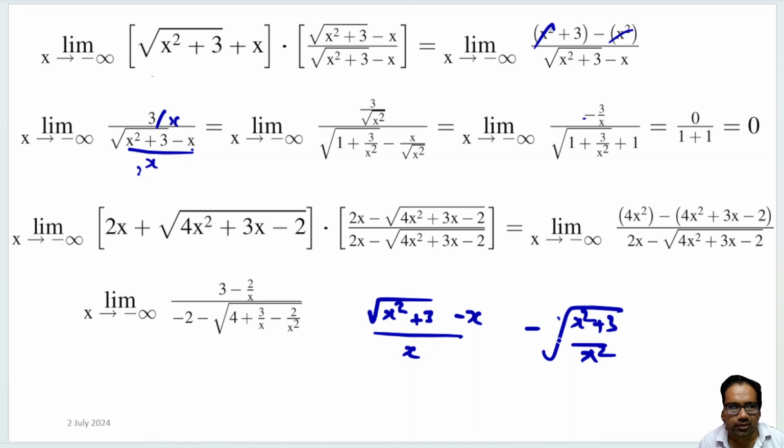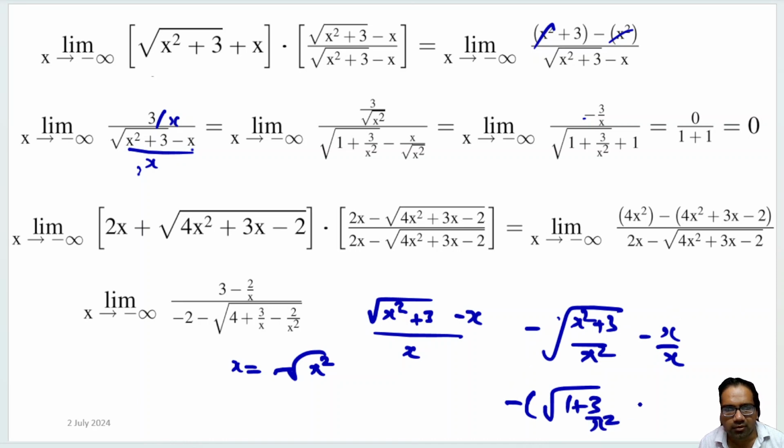This becomes minus because x is equal to minus of under root of x square when x is less than 0. And this is minus x by x. So this becomes minus of under root 1 plus 3 by x square, plus 1. We are taking minus of this.